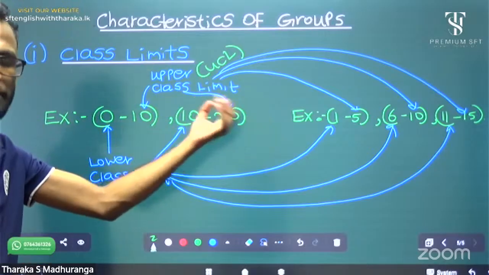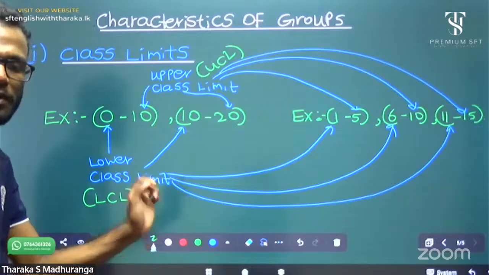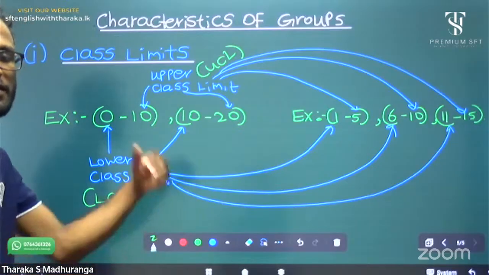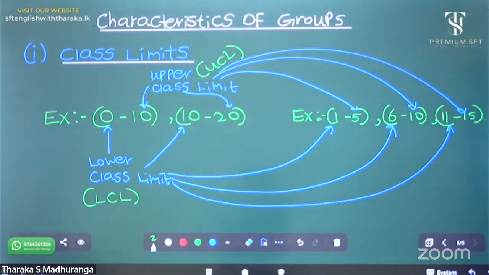Continuous or discrete, both. The minimum value of the group is the lower class limit, the maximum value of the group is the upper class limit.